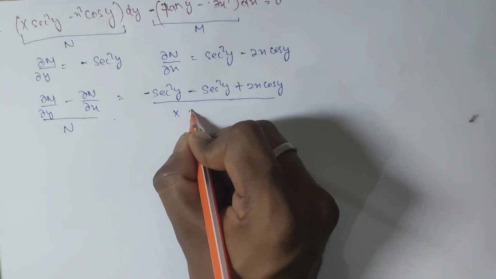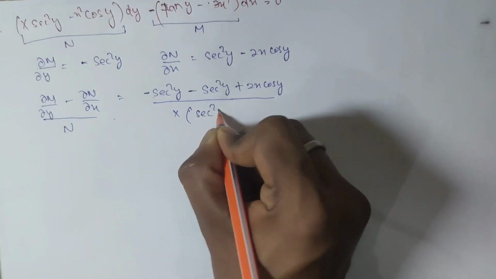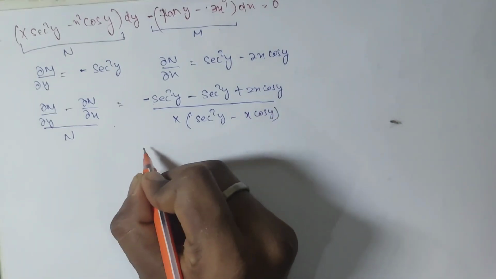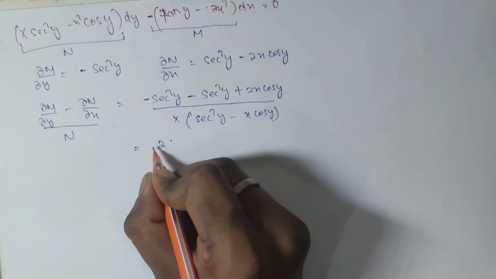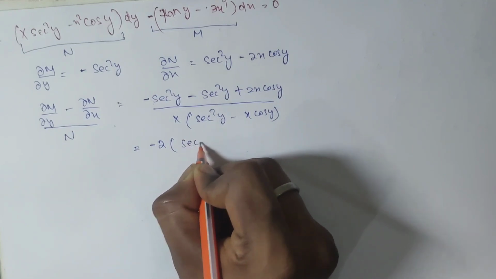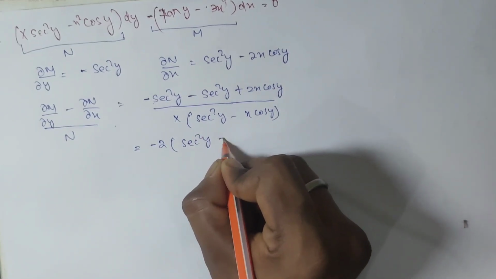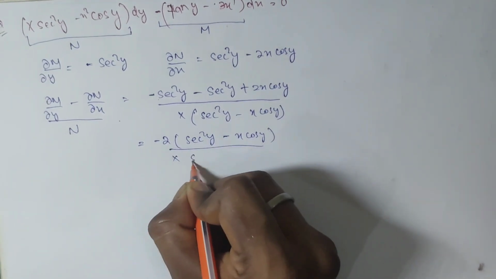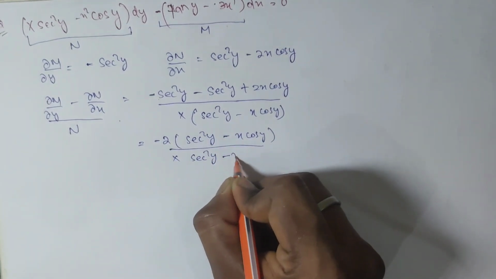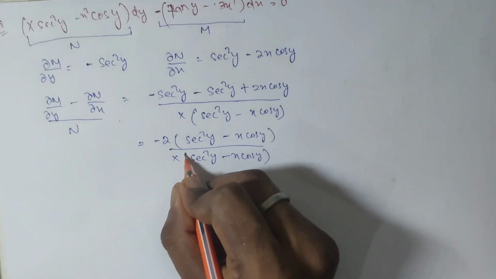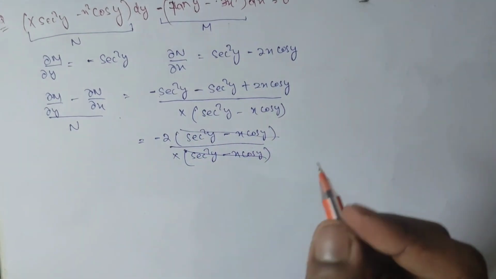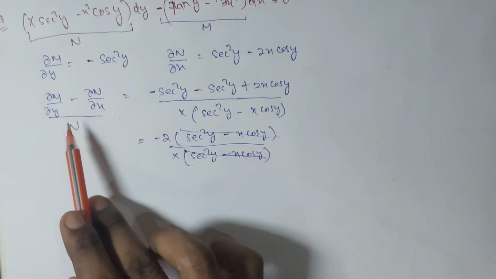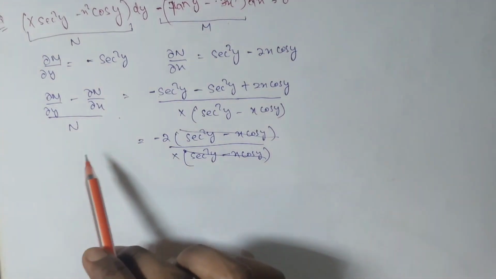If we take out x, then it becomes x square y minus x cos y, and if we take minus 2, then it becomes minus 2 times (x square y minus x cos y) divided by x (x square y minus x cos y). So you can see that the formula we have to use totally depends upon the situation.